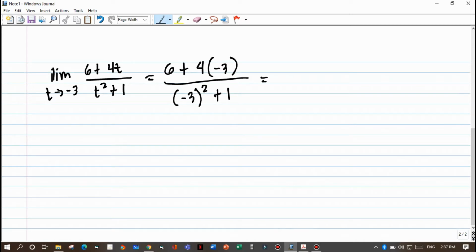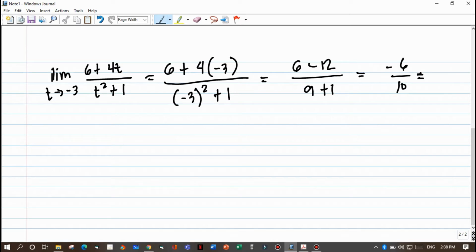Now simplifying this one, we get 6. This is negative 12. So minus 12 all over negative 3 squared is positive 9 plus 1. So simplifying further, we get negative 6 over 10. Now to express this one in its lowest term, we divide both our numerator and denominator by 2.